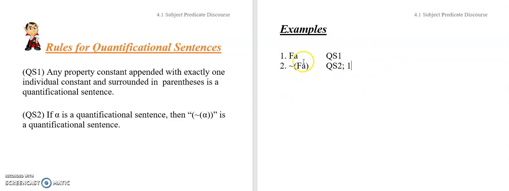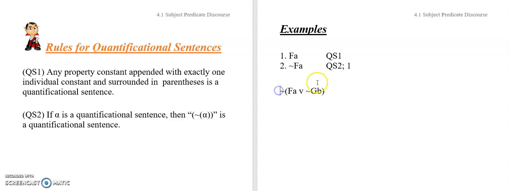And again, this all mimics everything that we did in chapter 1 perfectly. And a lot of the time we will omit these parentheses and just write it just like that. So this is a sentence as well according to QS2. And if you had something more sophisticated, if alpha is a quantificational sentence, so if this whole thing is a quantificational sentence, then the whole thing surrounded in parentheses is also a quantificational sentence.